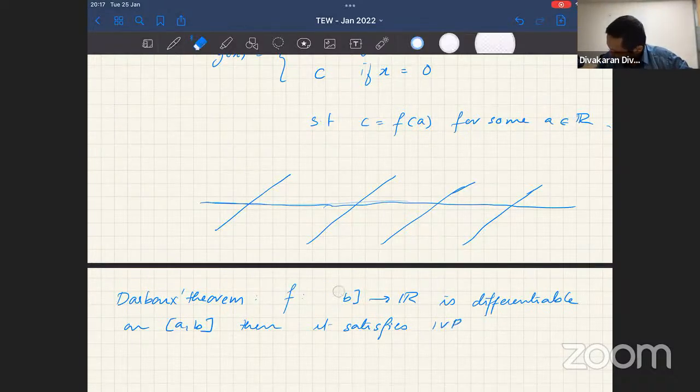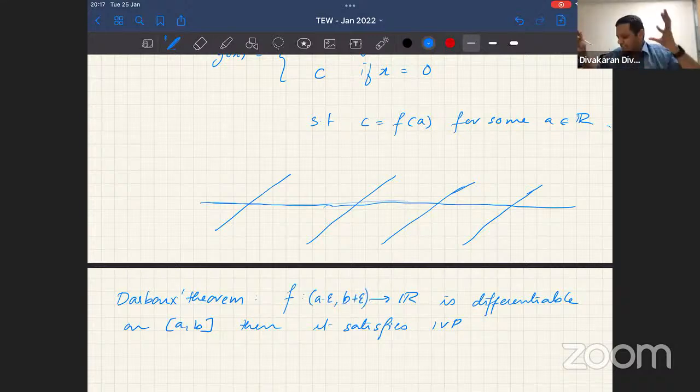Maybe I have to avoid some unnecessary technical complications. Let me define it like this. The function is defined on a slightly bigger neighborhood. So f is a function from (a minus epsilon, b plus epsilon) to R, and it's differentiable on the closed interval [a, b], then it will satisfy the IVP.